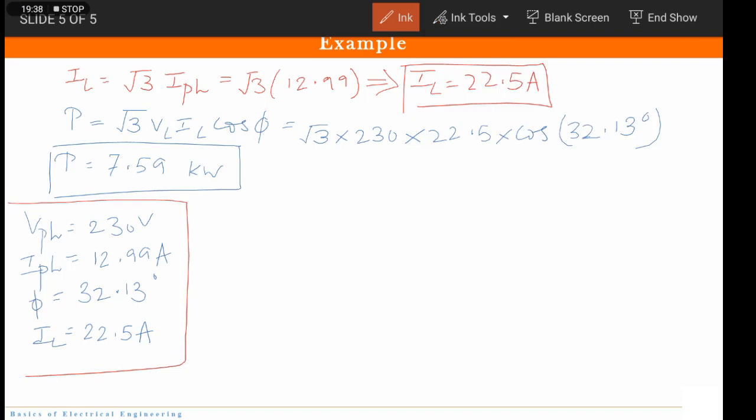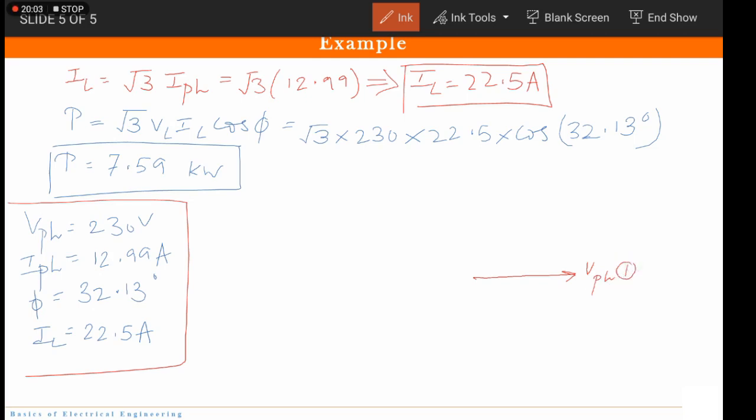Fine. So the first thing is we have to draw the phase voltage. We can take any reference point. Generally it is taken on the x-axis. So I would assume it to be phase 1 voltage.